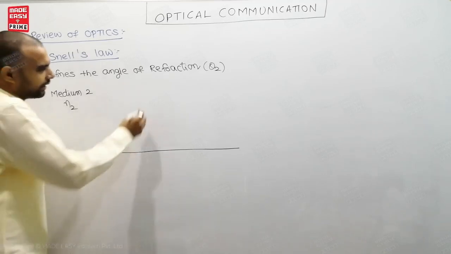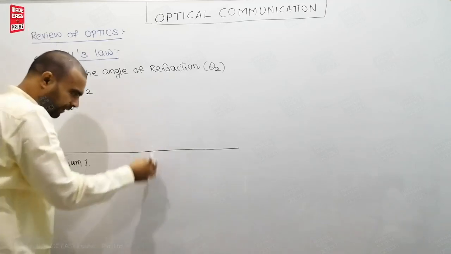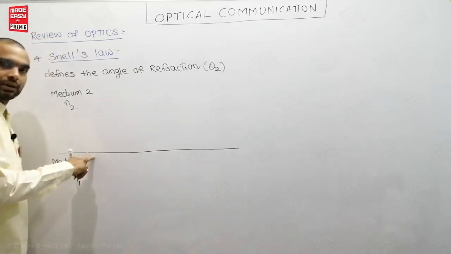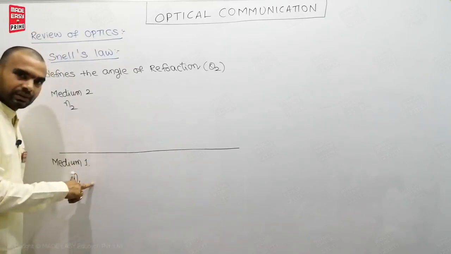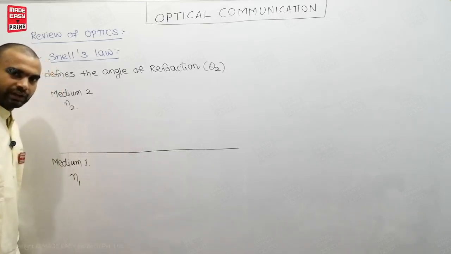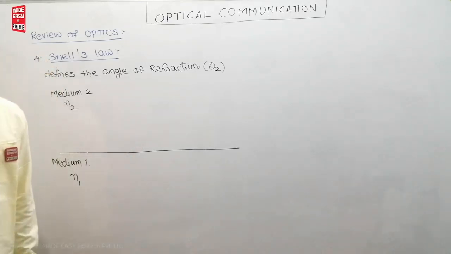Next, a line drawn exactly perpendicular to the boundary between the two mediums, where the light ray is incident on the boundary, is called the normal.